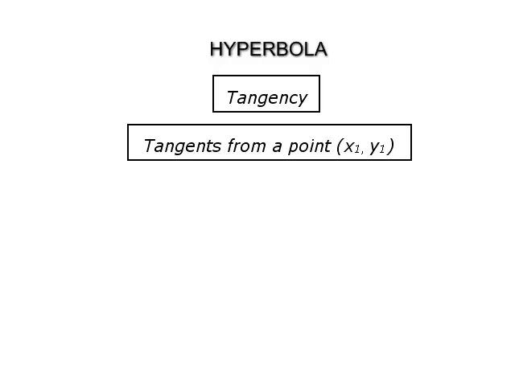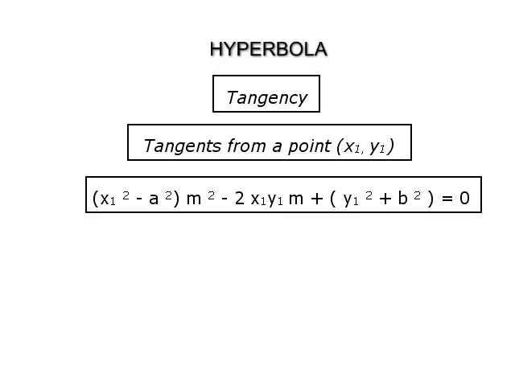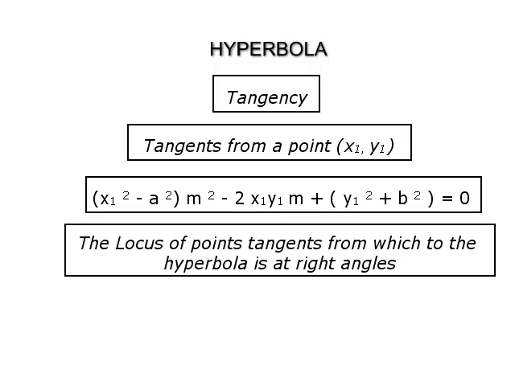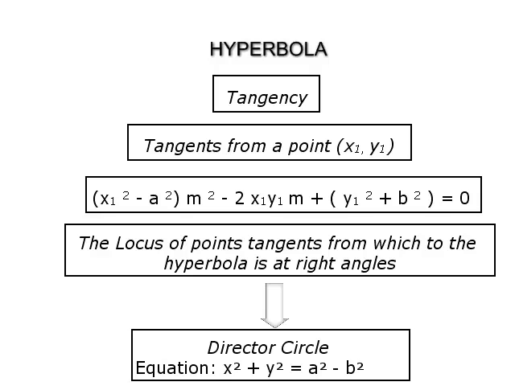Their slopes are roots m1, m2 of quadratic equation (x1 square minus a square) m square minus 2 x1 y1 m plus y1 square plus b square equal to 0. The locus of points tangents from which to the hyperbola are at right angles is a circle called as director circle. Its equation is x square plus y square equal to a square minus b square.